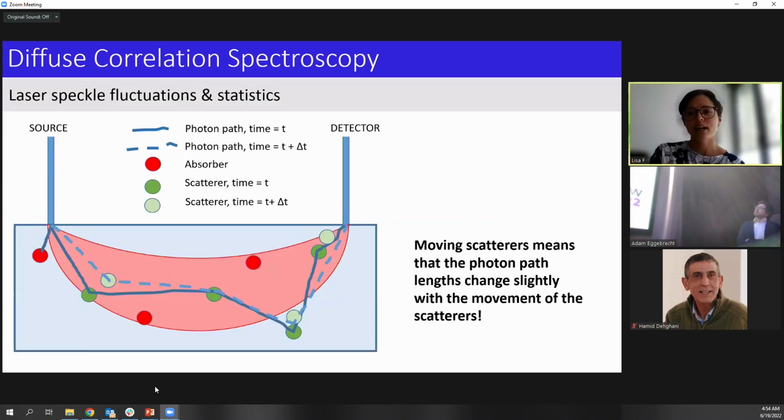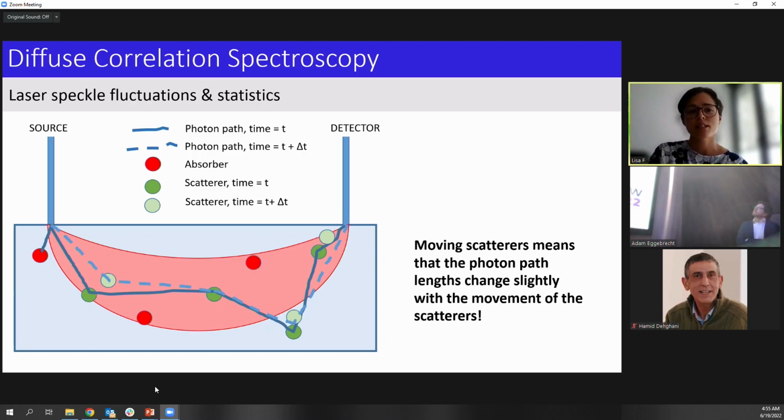So let's take a look at a cartoon of a DCS system. At first glance, it's identical to a simple NIR setup. You have a source fiber where you're injecting a coherent light source onto your tissue of interest, and then you have a detector fiber that detects the diffuse light a certain distance away from the source. The photons coming from the source also experience absorption and scattering events, just like in NIRS.